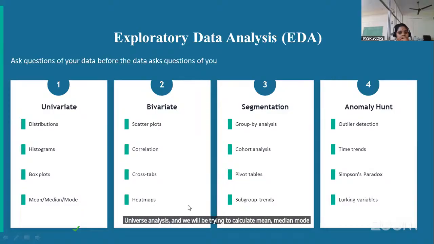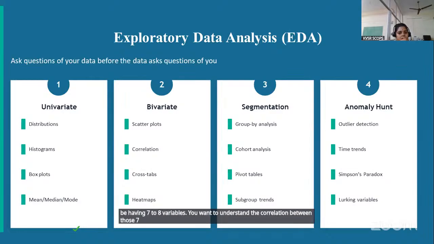For bivariate analysis, we will be using scatter plots to understand how the data has been distributed and the correlation, whether it is a positive correlation, a negative correlation, or no correlation between the data points. You can use crosstabs and heat maps if you have multiple variables, like instead of 2 variables, you have 7 to 8 variables.